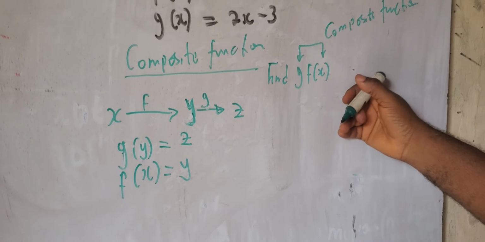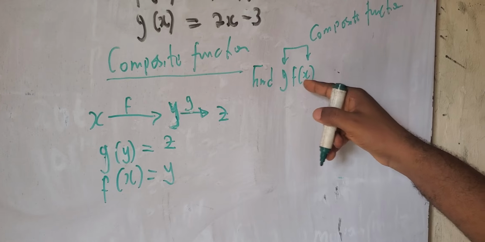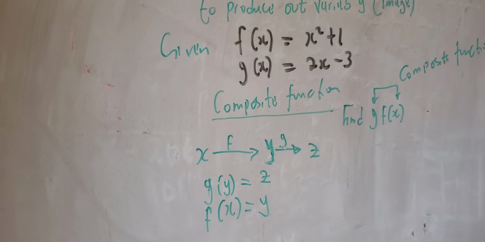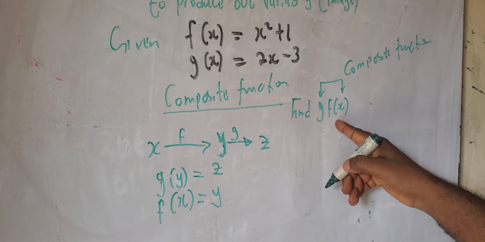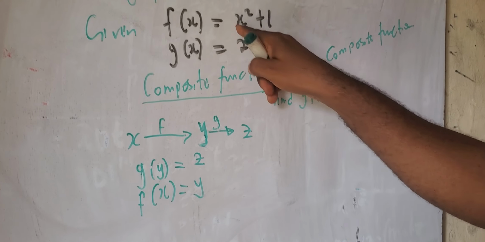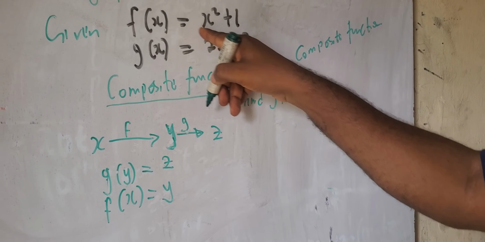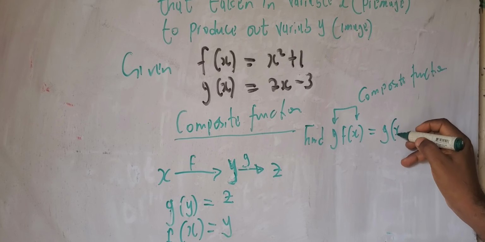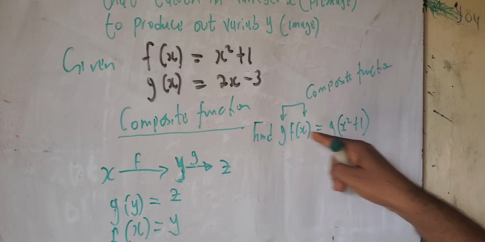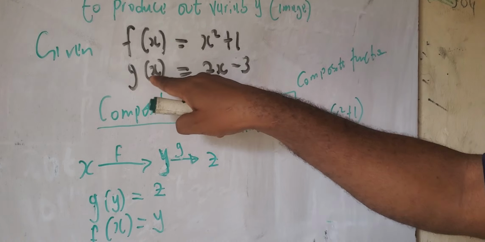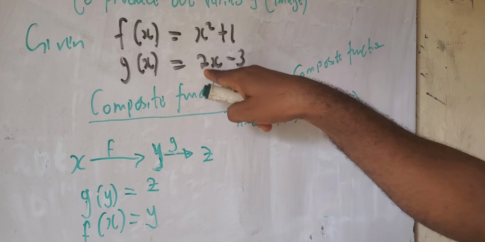So for instance now, if the question says find g of f of x, given this expression that we have here, what we are going to do in that case is this. Since our f of x is x squared plus 1, we just write g, we substitute f of x, which is x squared plus 1. And concerning the interpretation of the function g, it says whatever is inside here, multiply that thing by 2, subtract 3.